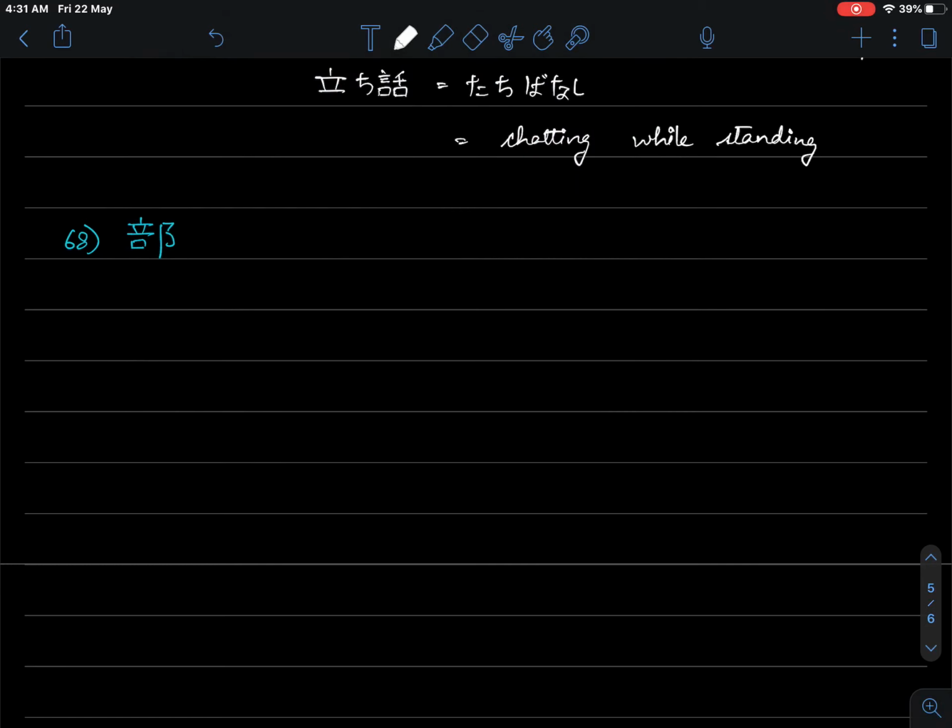For those of us who have the book, you can try reading it. For those of us who don't, I would suggest that you try and get used to this kanji as it is. It's not very complicated, it's not too difficult at all. It just means a section, a division, or a department.